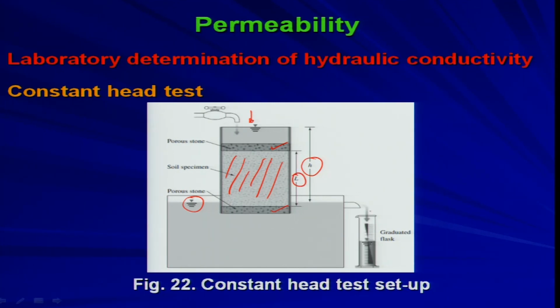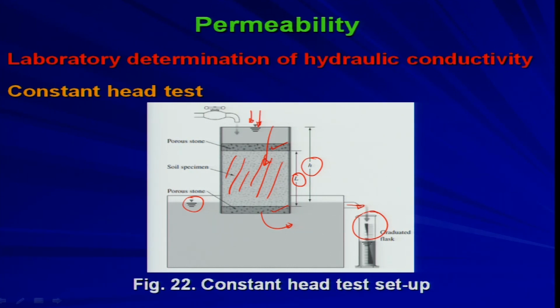So you are putting the water on top, and the water will flow through the soil specimen and come out below it. Ultimately you have an outlet in this tank, and through this outlet you will be collecting the water in a graduated flask or measuring flask.